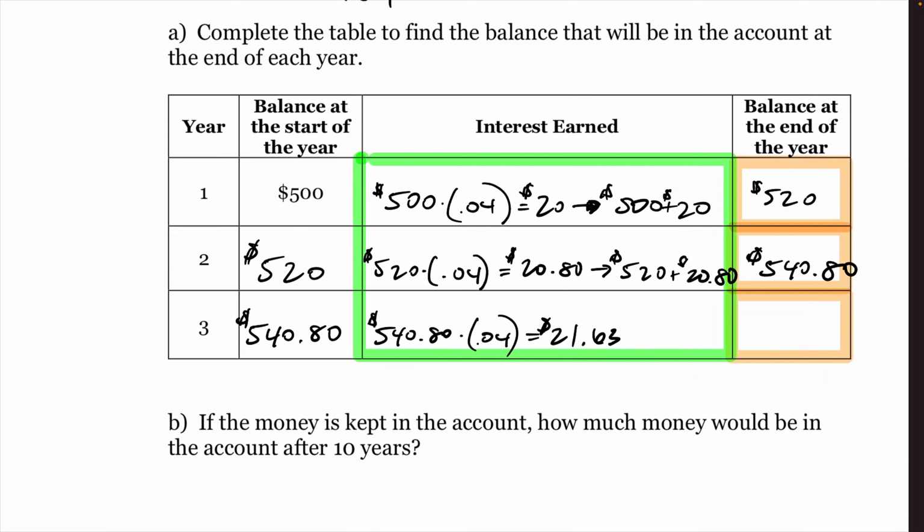So then he starts with the beginning amount, plus the interest, and he gets $562.43.